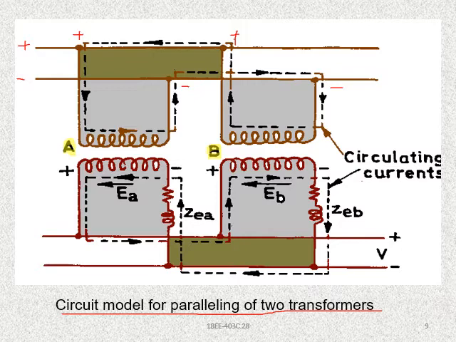That means positive should be connected to positive and negative to negative. Similarly over here, he took this as positive and this as negative. See, the positive polarity to positive terminal and negative to negative terminal.